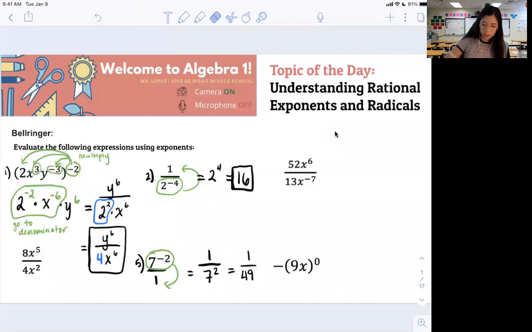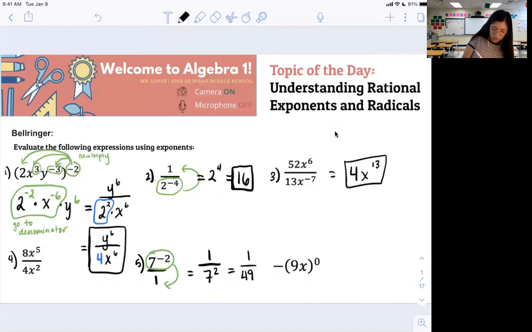So unfortunately the answers went away, but I'll write them down again. So this one was 4x to the power of 13. And then number 4 was 2x to the power of 3. Perfect. All right.